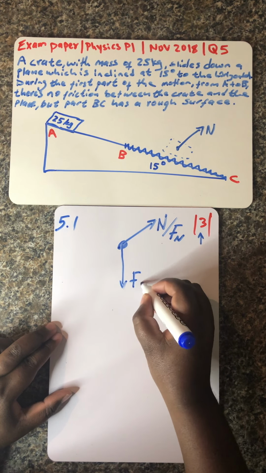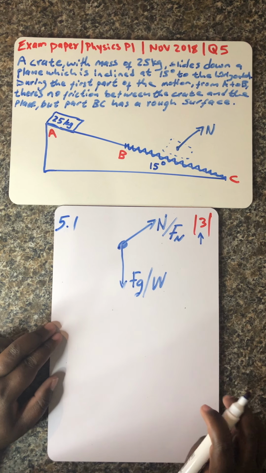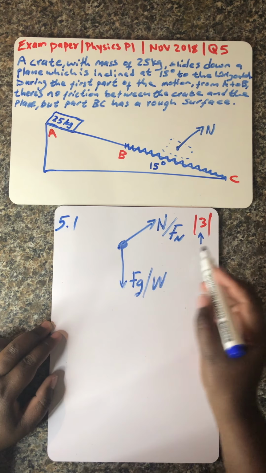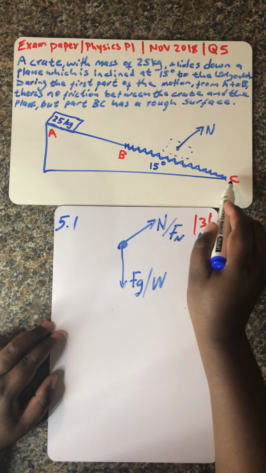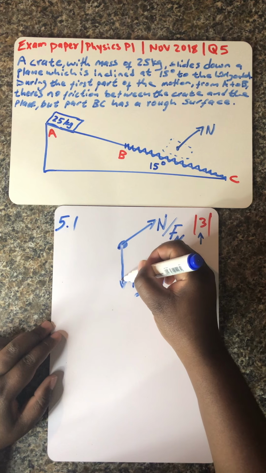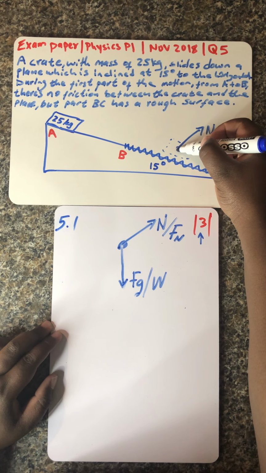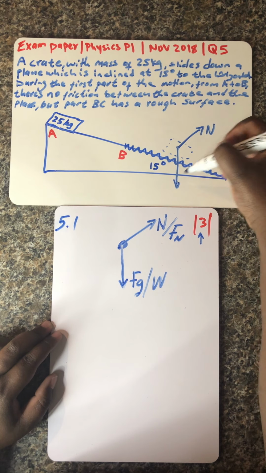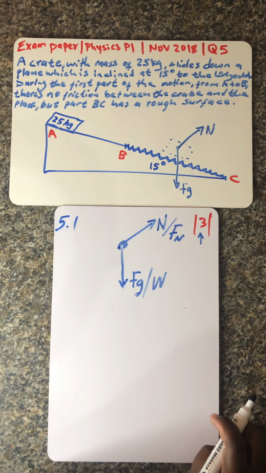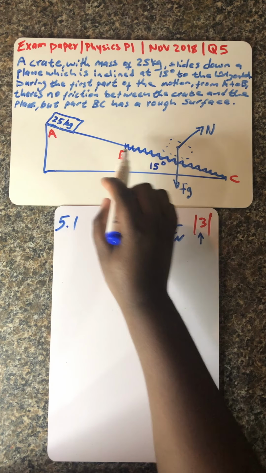You can just say Fg, or one may say weight. Very important, this force of gravity is perpendicular to the horizontal line, so you just make a vertical line with an arrow pointing downwards. This is the force of gravity, guys.